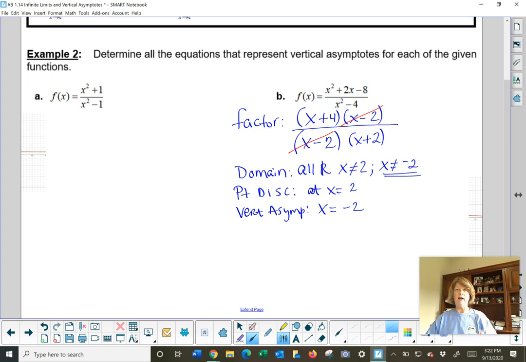Now to verify that, we should do that same limit analysis. So if we analyze the limit as x goes to -2 from the right, I really just need to evaluate x plus 4 over x plus 2. If I put in -2, the top is going to be roughly 2.